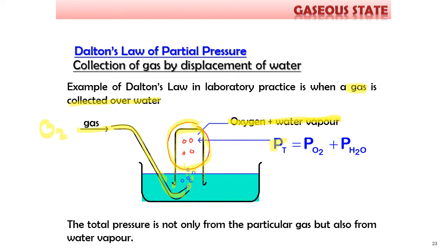So the P total here will be the partial pressure of oxygen plus the partial pressure of water vapor. Take note here, the total pressure if you use the water displacement method must be the sum of the pressure of the gas collected and the partial pressure of water. Normally this is fixed and given in the question.